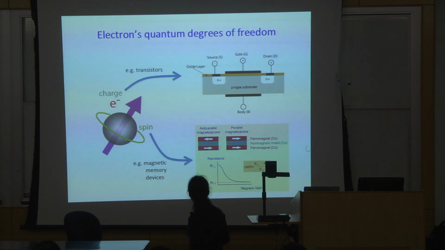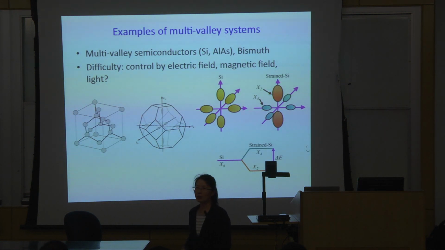So why don't we just use silicon or aluminum arsenide, something we already know? One of the difficulties is to control this degree of freedom. In the lab, we have the knobs of electrical field and magnetic field, those are very convenient knobs to tune. But in this system, it's much, much harder. You can apply pressure or deform the crystal to adjust or control those valleys.